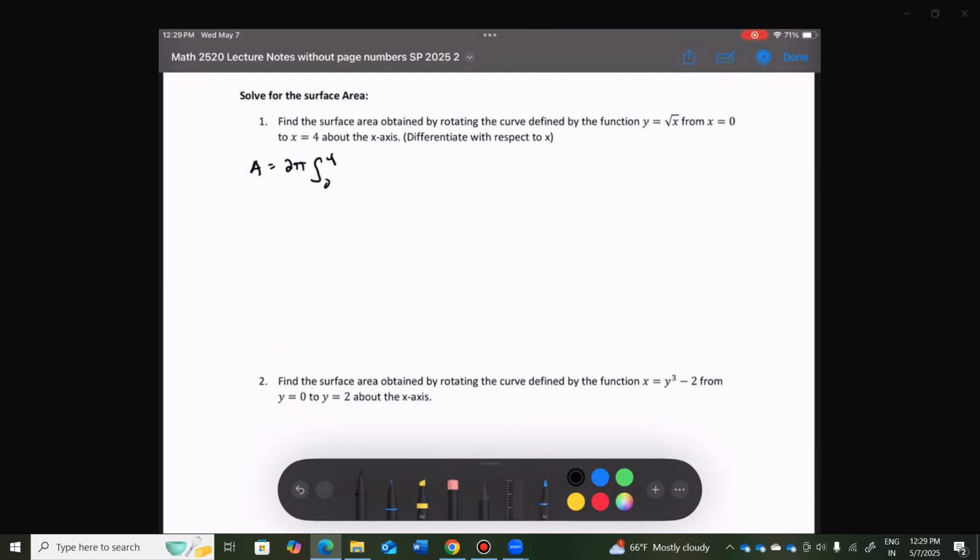And you can always bring that 2 pi out in front. We'll choose y and find 1 plus dy over dx squared, since we're doing this with respect to x, dx.